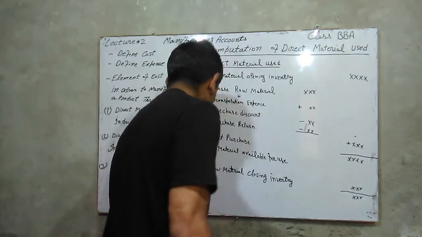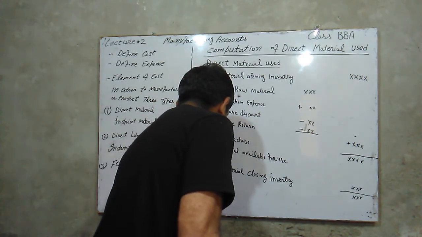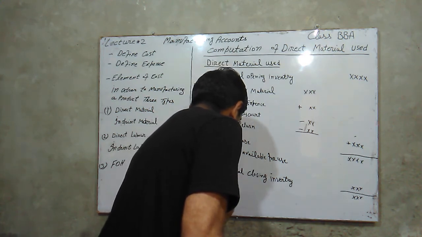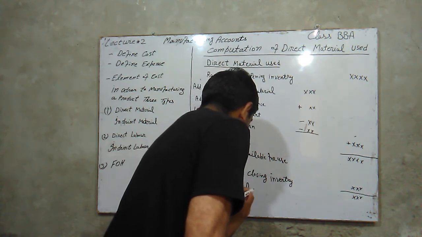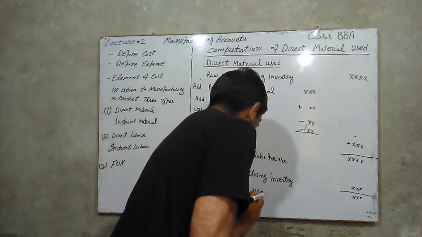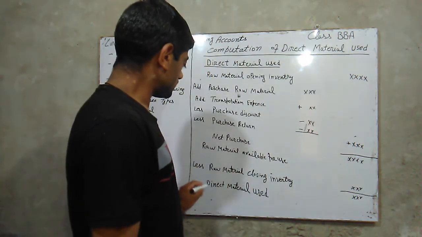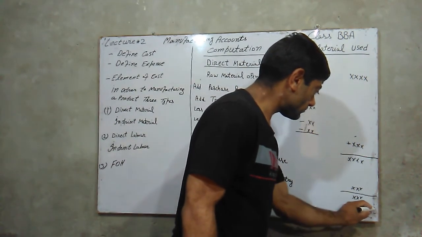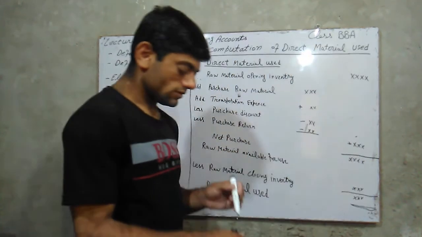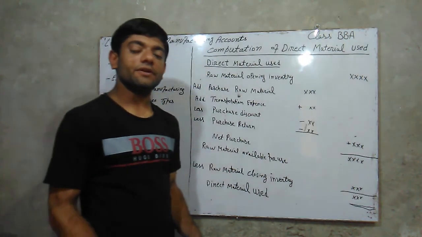Material used, direct material. So this is the formula of how to calculate the direct material use.